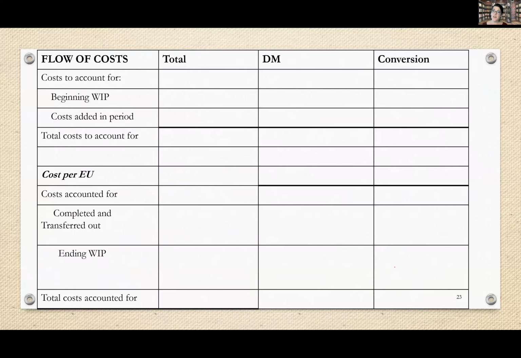All right, now let's look at the flow of cost. We need to look at the total cost we have to account for. Go back and look at your lecture guides for the numbers, because I don't want to keep going back a few slides. It shows that the direct materials cost at the very beginning was 110,000, and we had 24,000 of conversion costs, which gave us a total of 134,000 work in process.